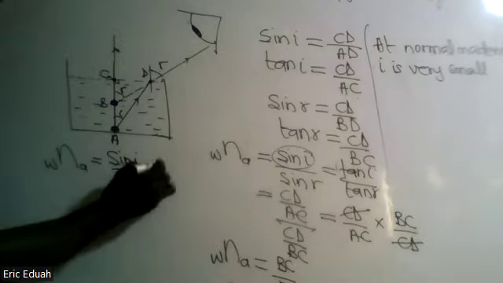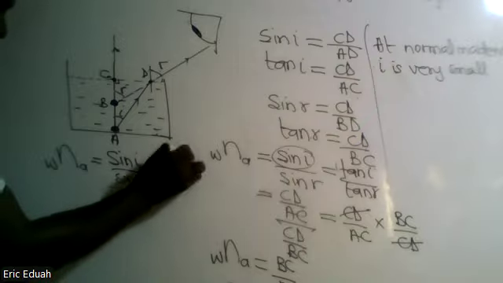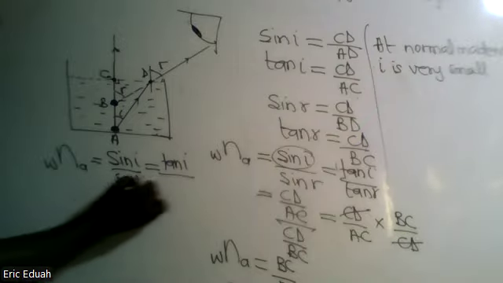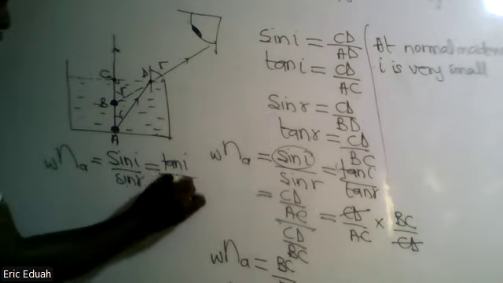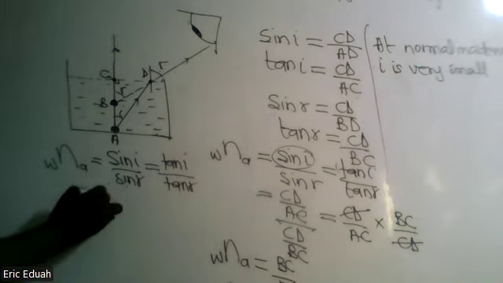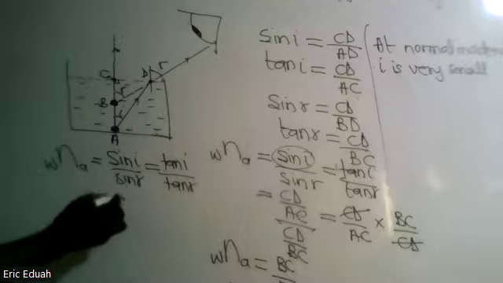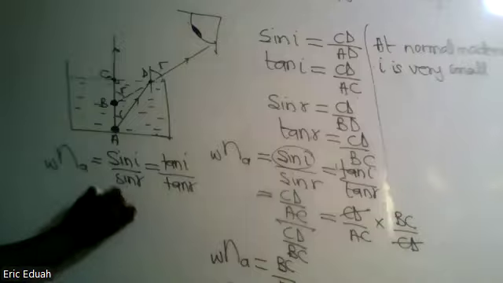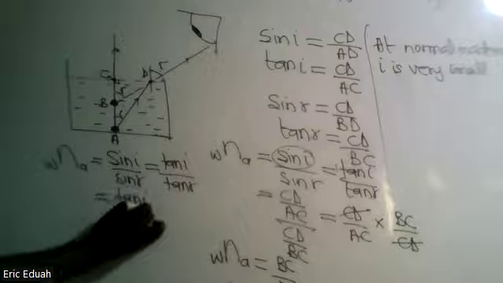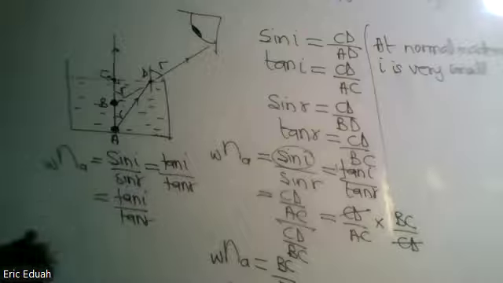And at small angle of incidence, sine I is equal to tan I, and sine R is also equal to tan R. So all that we are doing is expressing this refractive index in terms of tan I over tan R because they are equal.